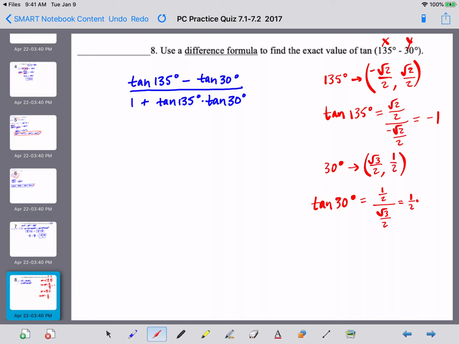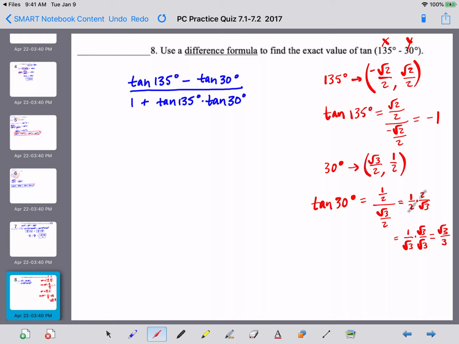So this is a half times 2 over root 3. These 2's are going to cancel. So we get 1 over root 3. I'm going to run out of room. Let me write this over here. So this is 1 over root 3, which we need to multiply top and bottom by root 3 to rationalize that. So this is root 3 over 3.